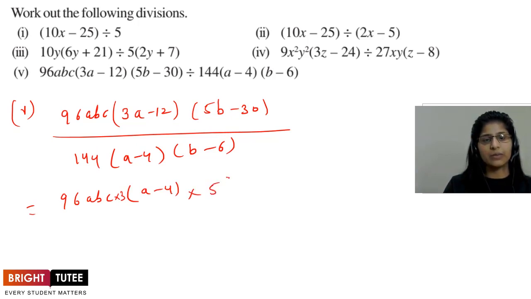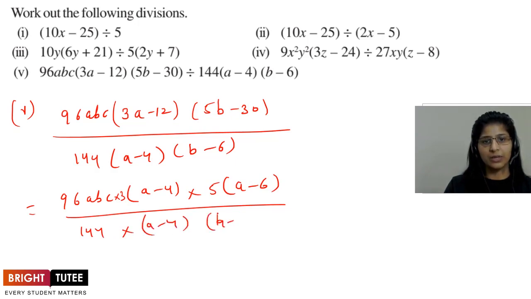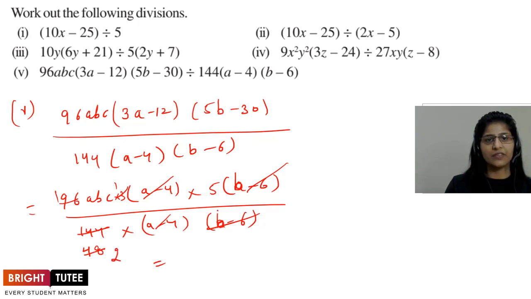Then here 5 can be taken common, we get b minus 6, divided by 144 into a minus 4 into b minus 6. Okay, it is b here, not a. b minus 6 gets cancelled with b minus 6, a minus 4 gets cancelled with a minus 4, and then we have 5 and 3 here. So 3 ones are 3, 3 fours are 12 and 3 eights are 24. 96 ones are 96, 96 twos are. So we are left with 5 here and 2 here. 5 upon 2 abc. Clear?